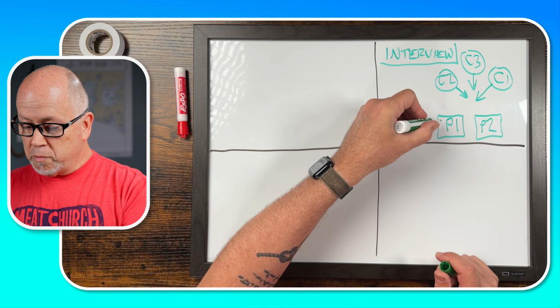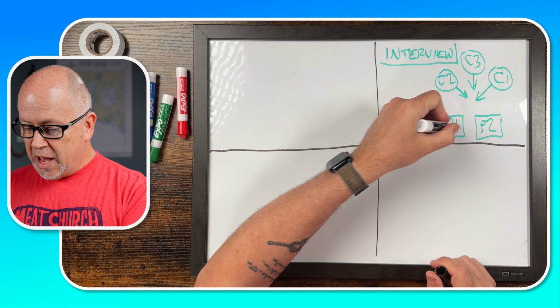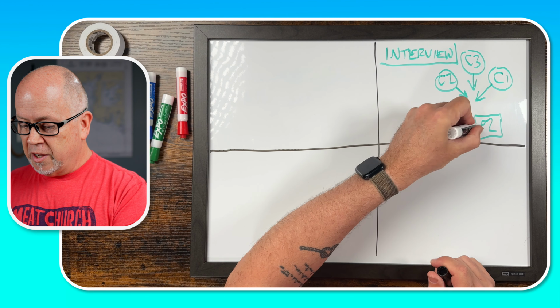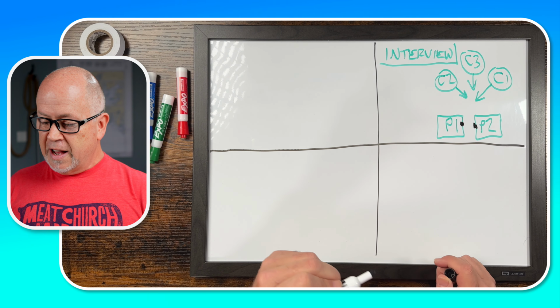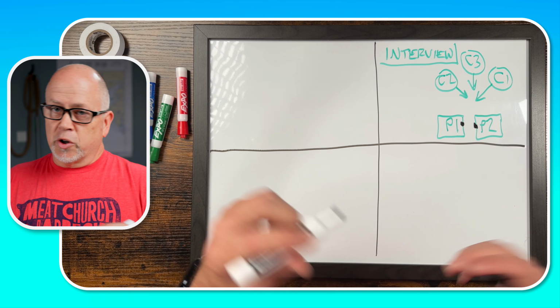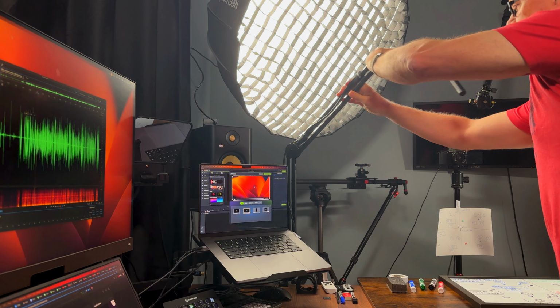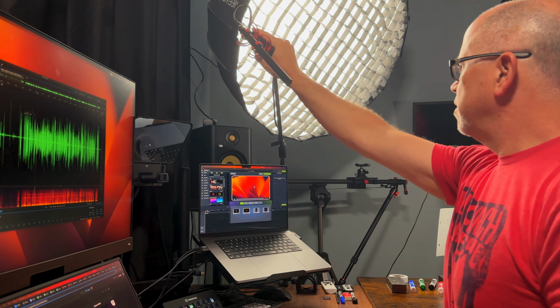So for instance, you may want to have, let me just change colors here, a microphone for this person, microphone for this person. They may be facing each other. A typical podcast setup may have the microphone right in the shot, or you could use a boom arm to have the microphones overhead.